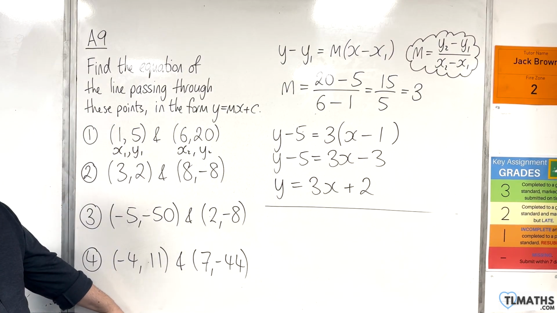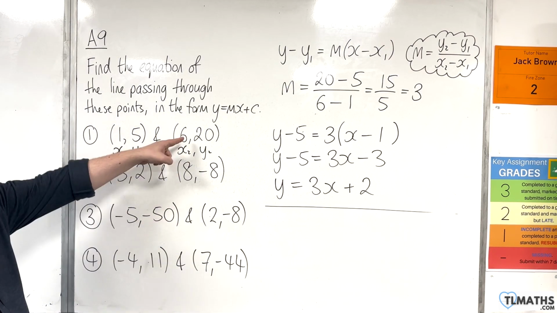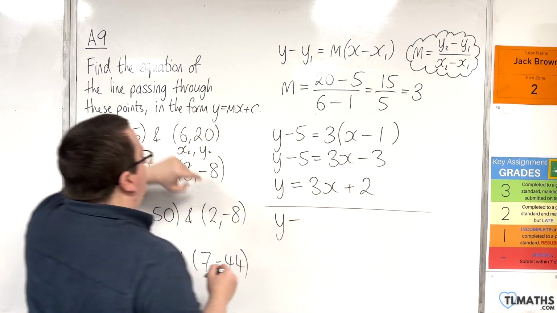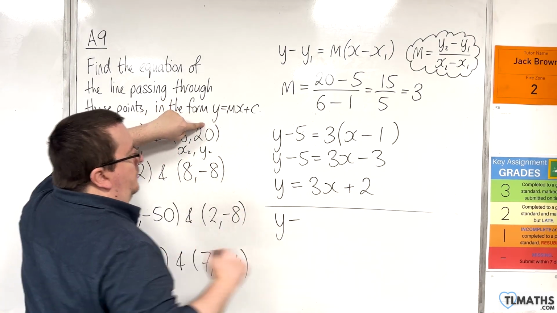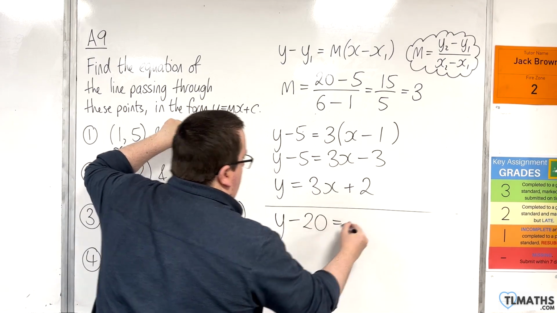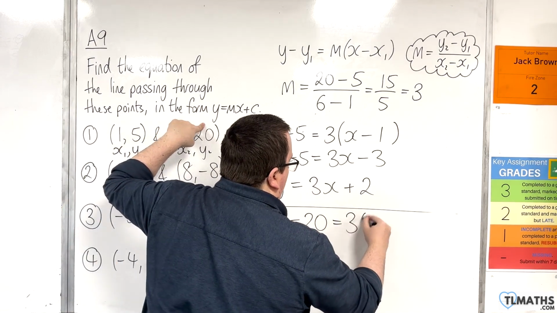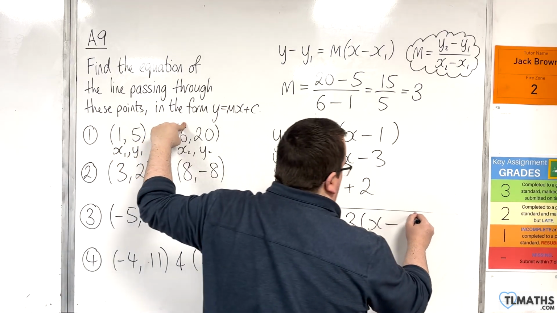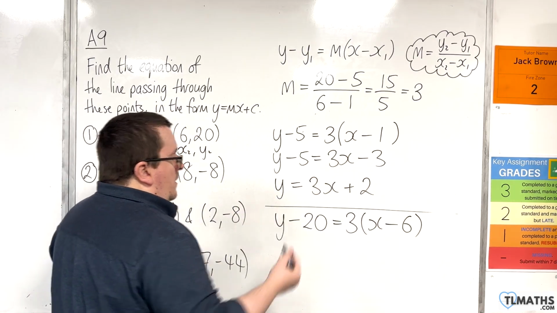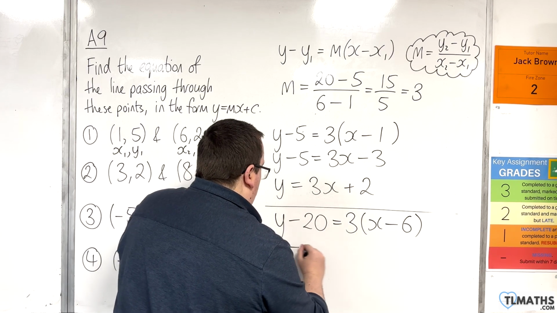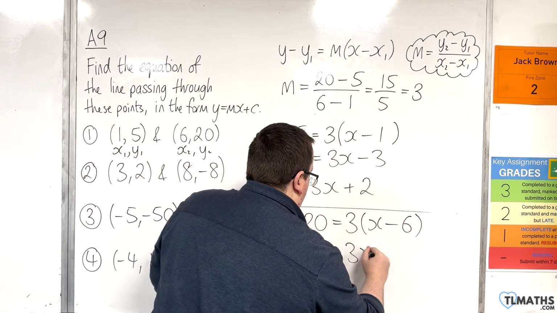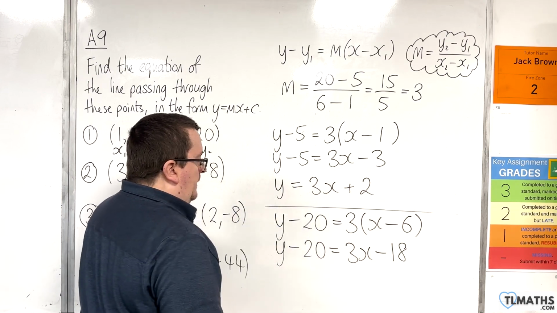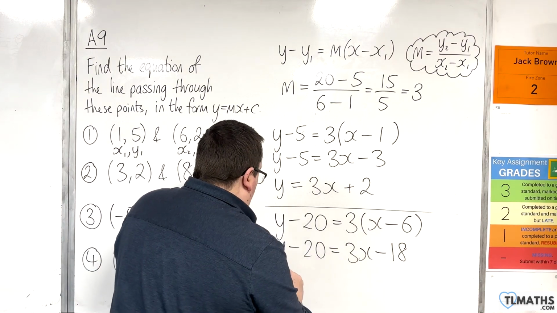And that's my equation. Now if we'd chosen 6, 20, we would have y minus y1, so 20, is equal to m(x take away x1), which in this case is 6. Multiply out the right-hand side: 3 lots of x and 3 lots of minus 6. And then add the 20 to both sides.